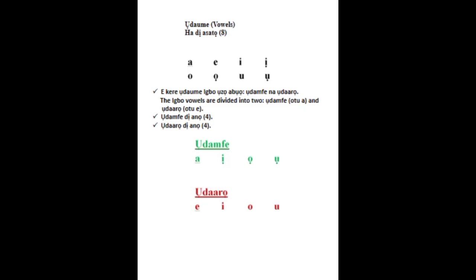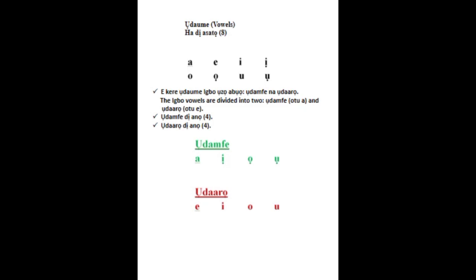All the vowels with dots under them. A, E, O, O. Ụdamfe. Ụda arọ: E, I, O, U. Ụda arọ comprise E and the vowels without dots under them. I hope that is clear enough.